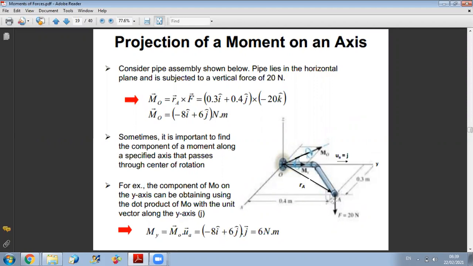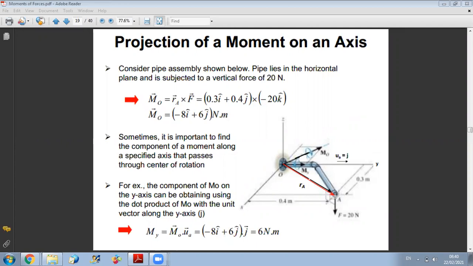And we want to find the moment of this force about point O. What we can do is just apply the vectorial product. So I take a vector position starting from the point O towards any point on the force. Here the easiest point is A because I know its coordinates. So to find the moment of the force about O, all I have to do is RA vectorial F.